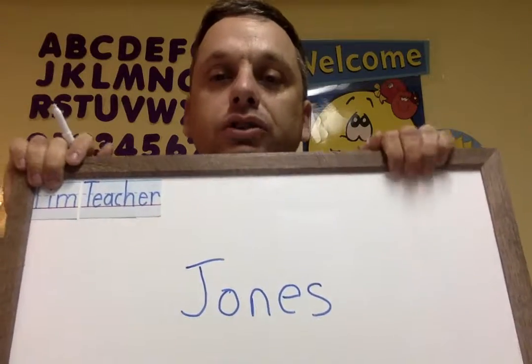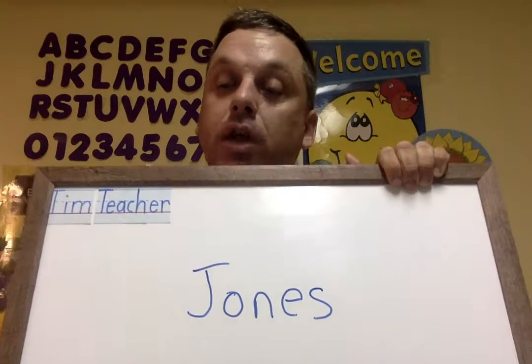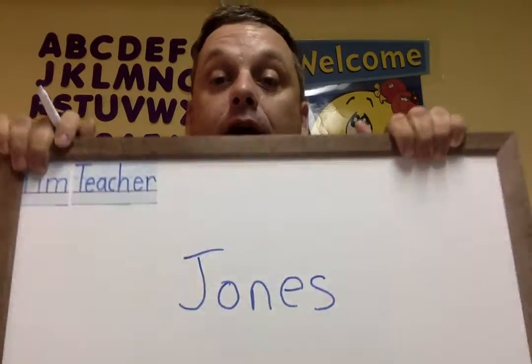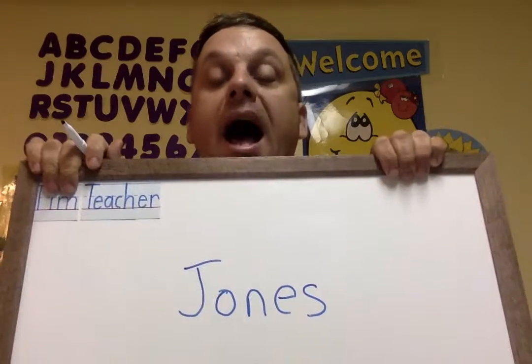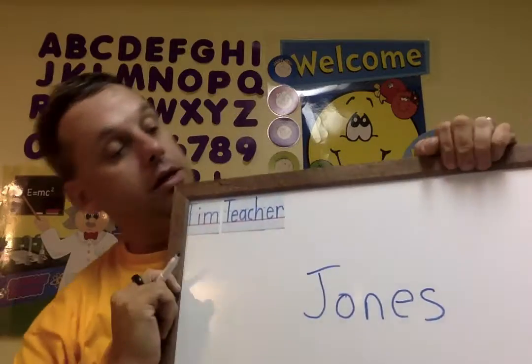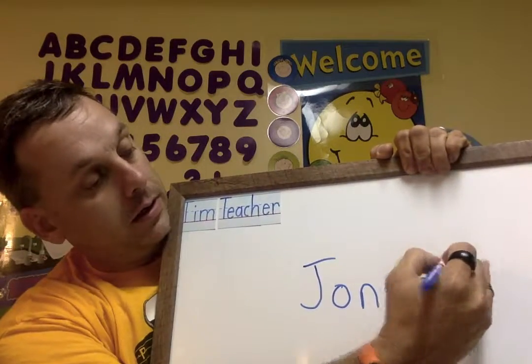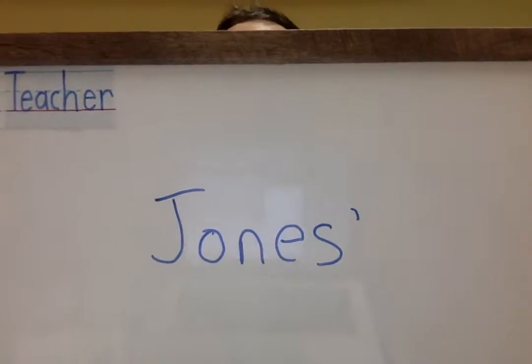We see their house, and we want to say that is their house. But again, much like my pen, the Jones family is not there. So we want to say that it is these people's house. So what we can do is we can say it like this. It is the Jones family house.